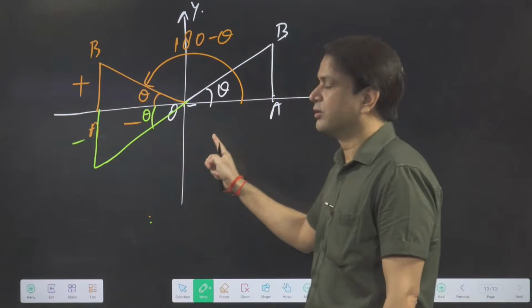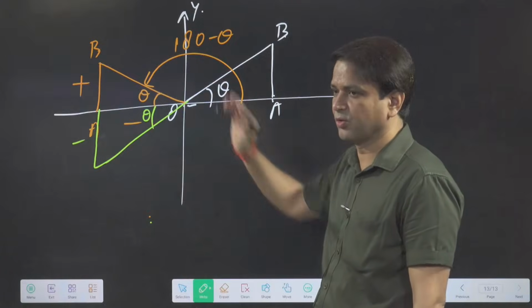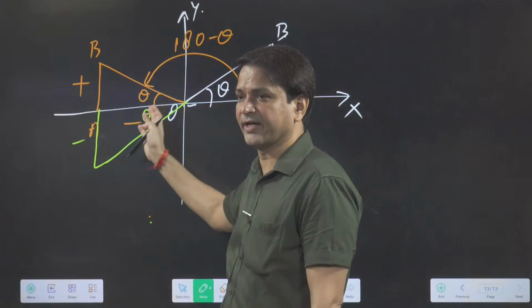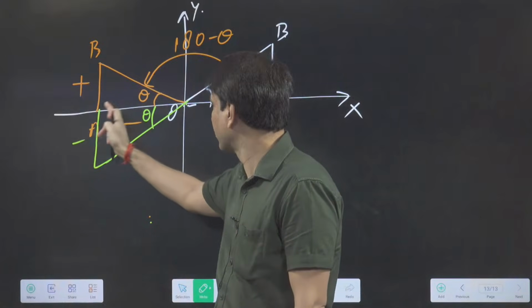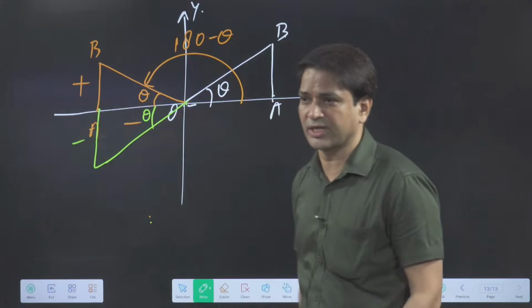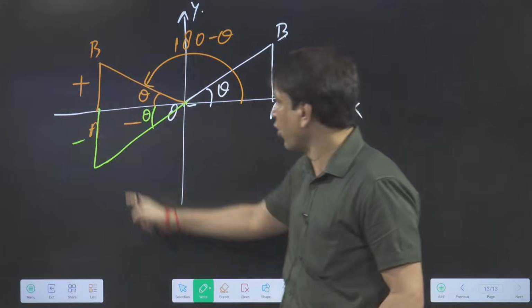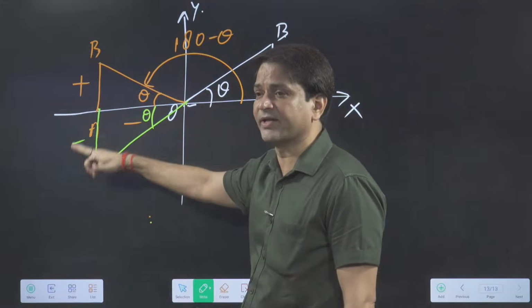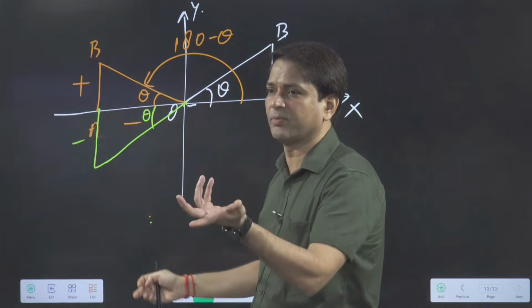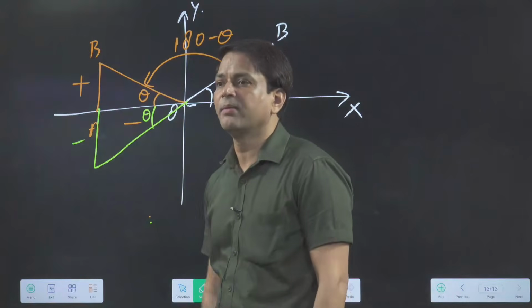Everybody getting? So sine theta you will get negative. Cos theta is negative because you will get OA upon hypotenuse, that is also negative. Tan theta is what? Opposite upon adjacent. Negative upon negative will become positive. So tan theta will be positive.